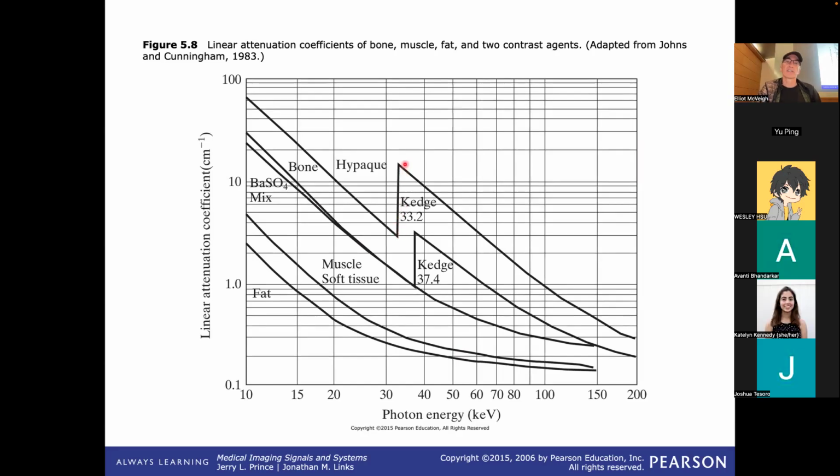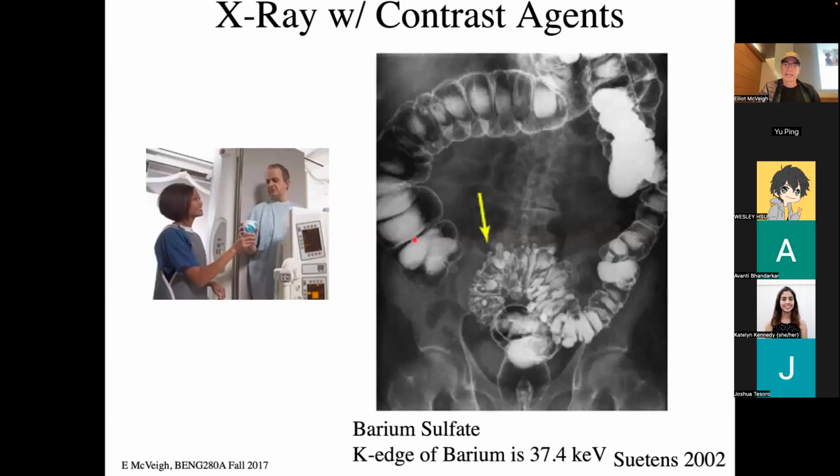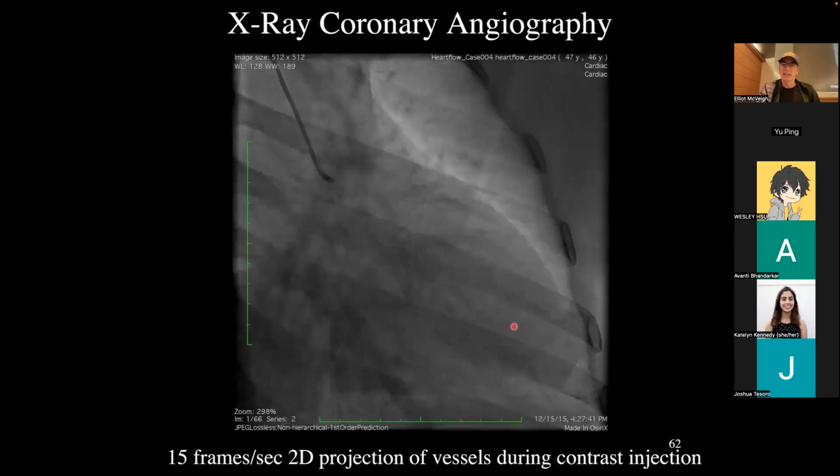And so the linear attenuation coefficient changes for the material, right? Given that energy. And so that's called a K-edge. And the K-edge of barium is 37 keV. Here's an image of that stuff in the gut when you're looking for untoward geometries and things like that in the gut.